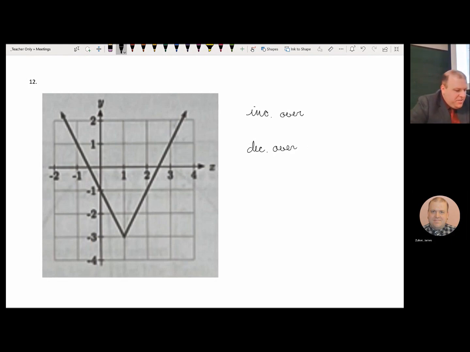Where are we increasing? Where are we decreasing? So increasing first.